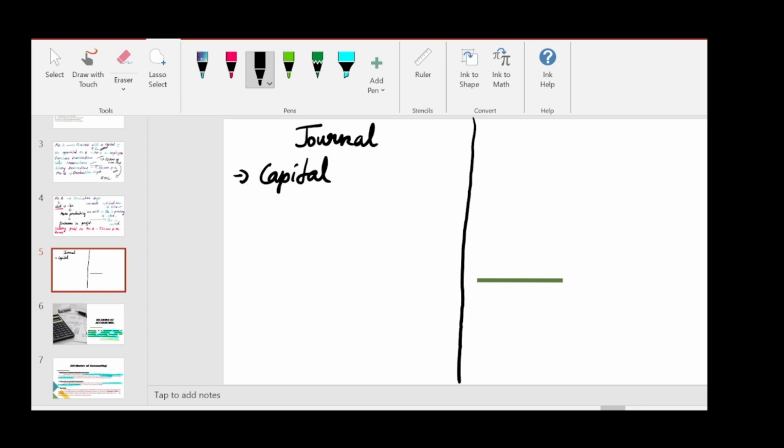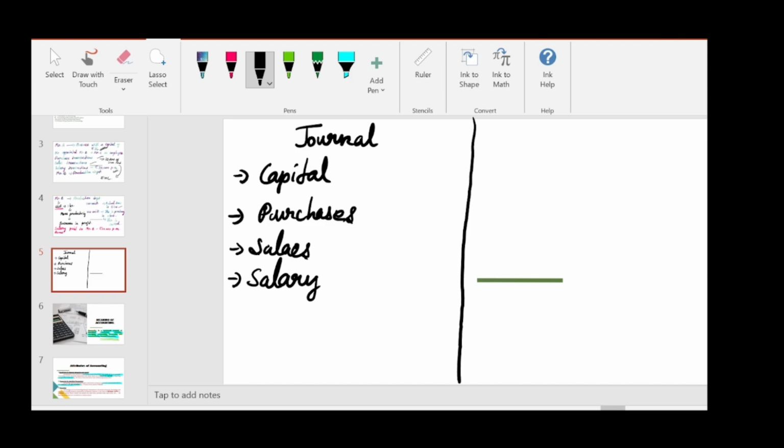So we will record our capital first, and then our purchases, then all the sales transactions, and all the salaries paid to the employees. Till now we have only this.